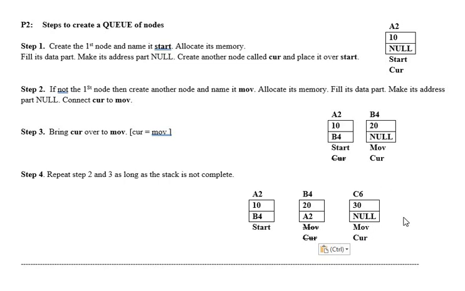Now when the fourth one comes, first the fourth one's data and address will be set, then current's address will be allocated to the fourth one, and then current will move over to the last one. So move and current both will lose their value one after another.